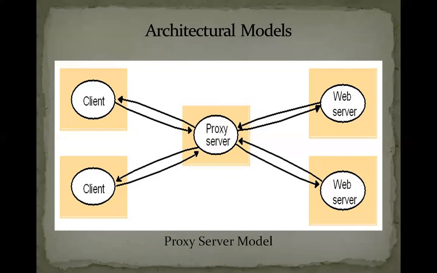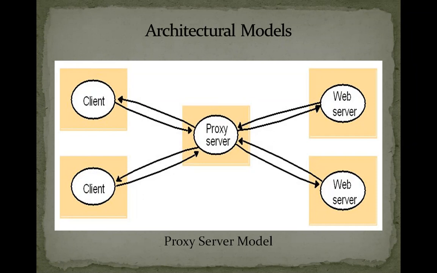Otherwise, the proxy server provides a shared cache of web resources for the client machines at a site or across several sites. So the purpose of the cache or the proxy server is to increase the availability as well as the performance of the services by reducing the load on the network or on the web servers.